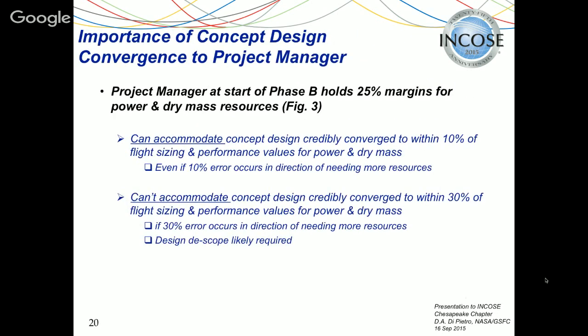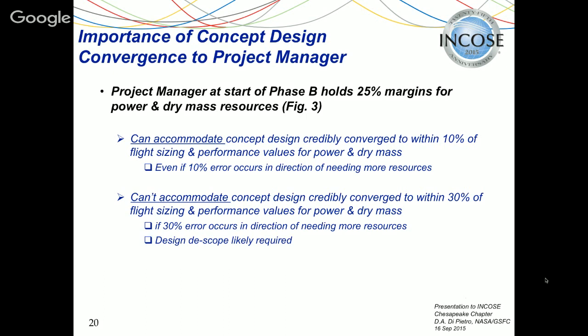All right, so why is that important to you? Imagine you're a project manager and it's the beginning of phase B. So you're holding a 25% margin for mass and power, for resources. You can accommodate a concept design that's been credibly converged to 90%, or within plus or minus 10% error for flight sizing and performance values, even if the 10% error all occurs in the increased direction, because you're holding a 25% margin.